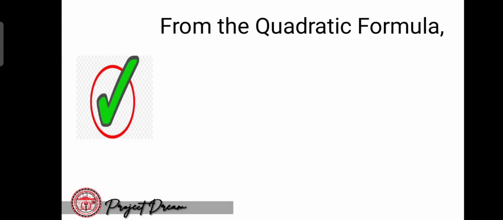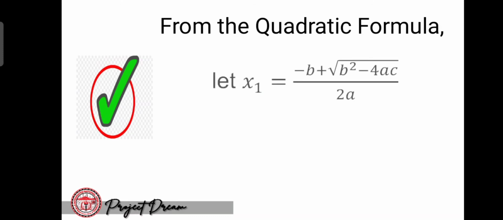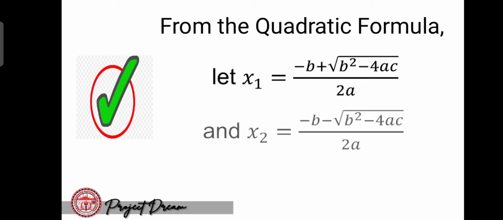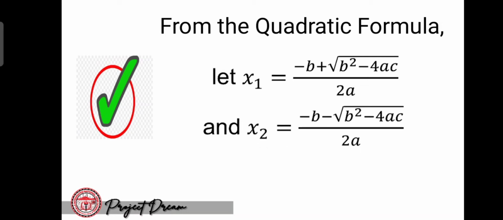From the quadratic formula, let x sub 1 be equal to negative b plus square root of b squared minus 4ac all over 2a, and x sub 2 be equal to negative b minus square root of b squared minus 4ac all over 2a, be the roots.